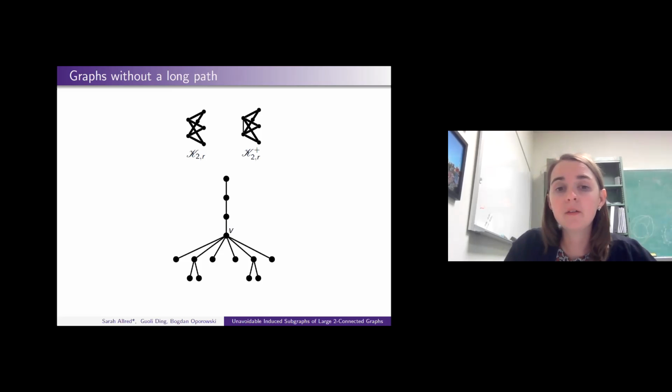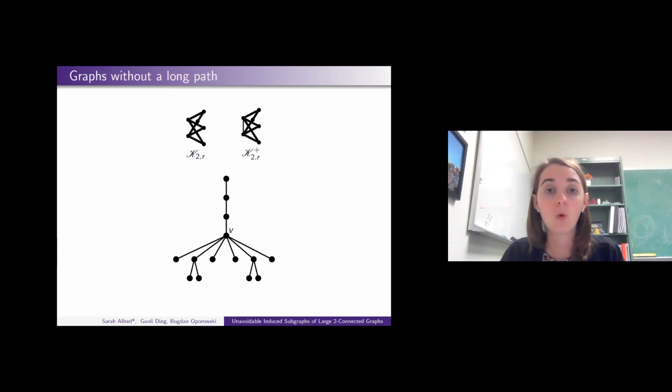The important thing for us is that means there are no edges between these vertices below V on the same level or connecting the subtrees here. So that's going to be the way we think about wanting to form our bipartite graph.